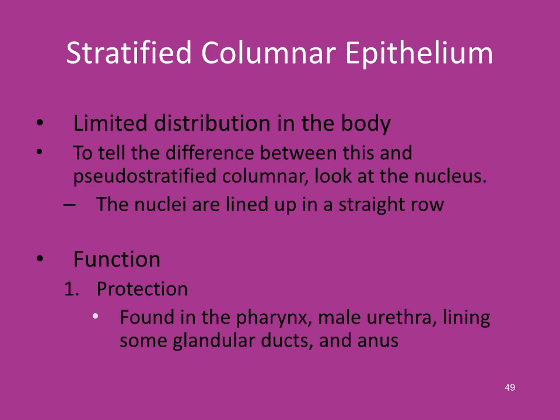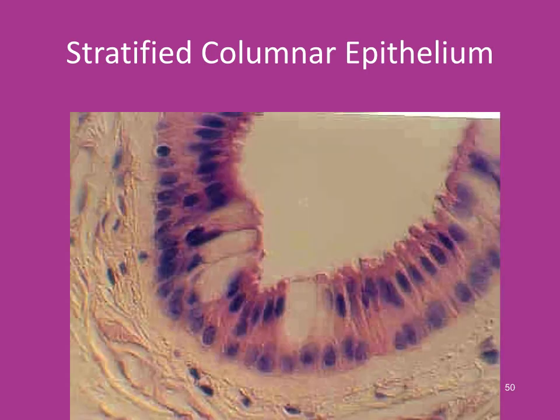The difference in this one is that it's 2. 1, 2. So there's 1 line of nuclei, 2 lines of nuclei. Get it? Okay, so stratified cuboidal and stratified columnar are only found 2 cell layers thick.